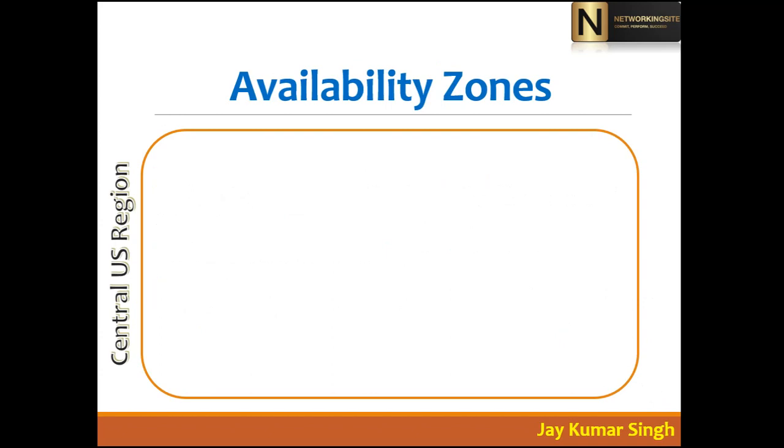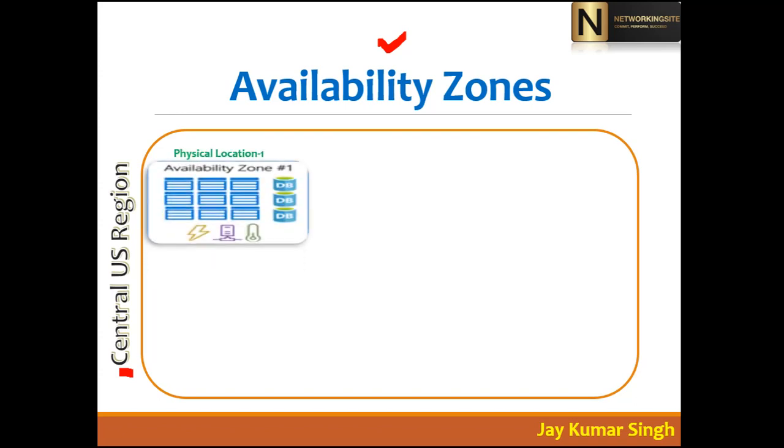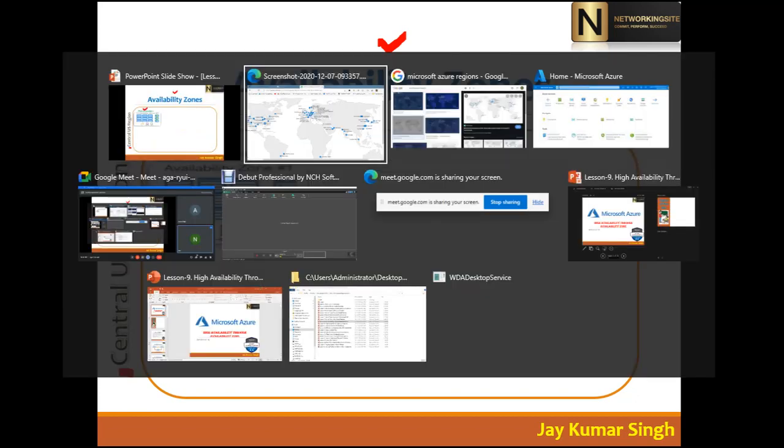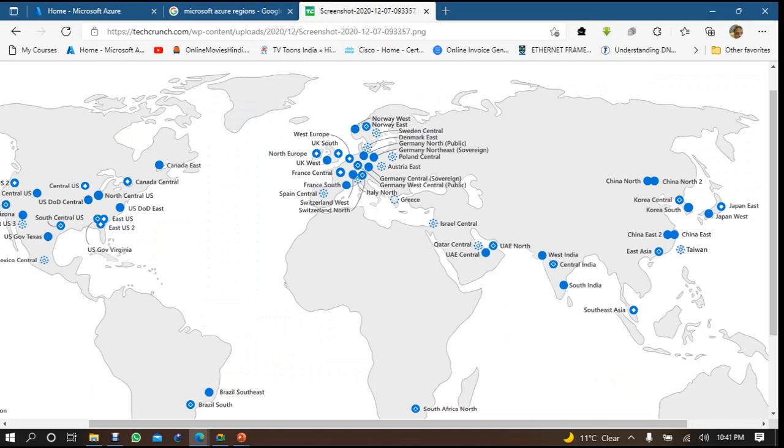Now to understand how availability zones work, just take the Central US region. For redundancy purposes, Microsoft says, suppose I have one physical location, and suppose I'm talking about India.